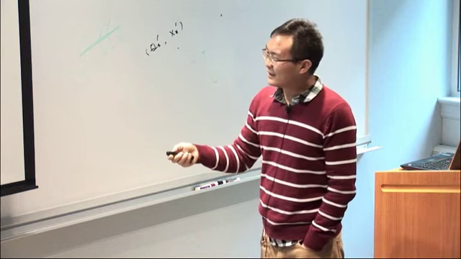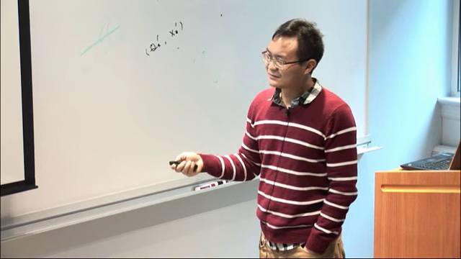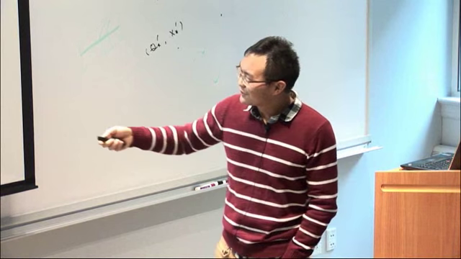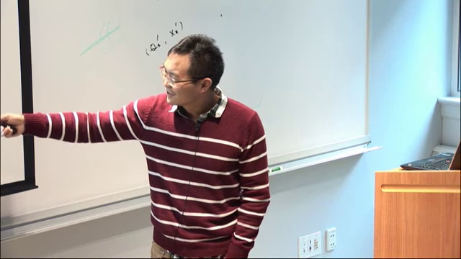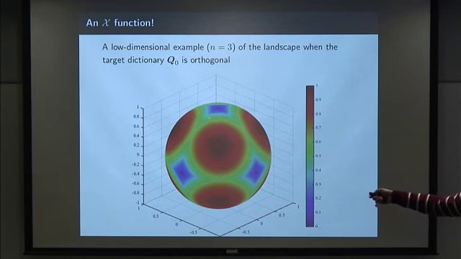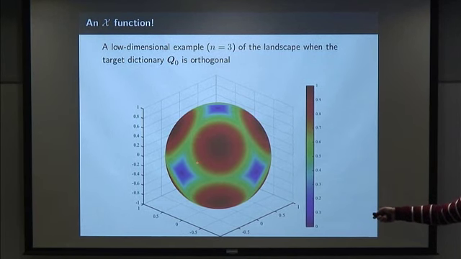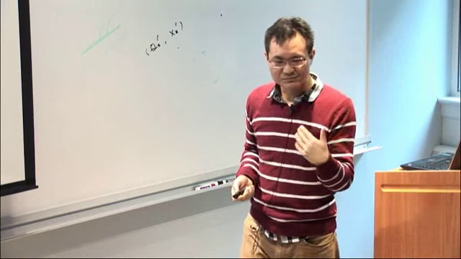And these are the maximizers. And interestingly, you also have saddle points. So here, here, and here. They are saddle points because if you move along this direction, it's a convex shape. If you move along this direction, it's a concave shape. Again, they are saddle points.